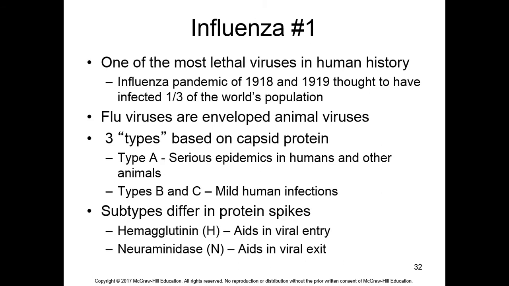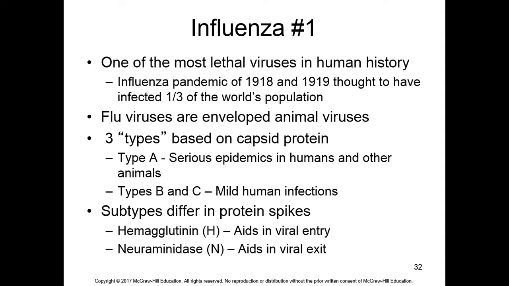Another important viral infection is influenza. That is one of the most lethal viruses in human history before corona. The influenza pandemic of 1918 and 1919 is thought to have infected one-third of the world's population. Again, same as the HIV virus, flu viruses are also RNA viruses.